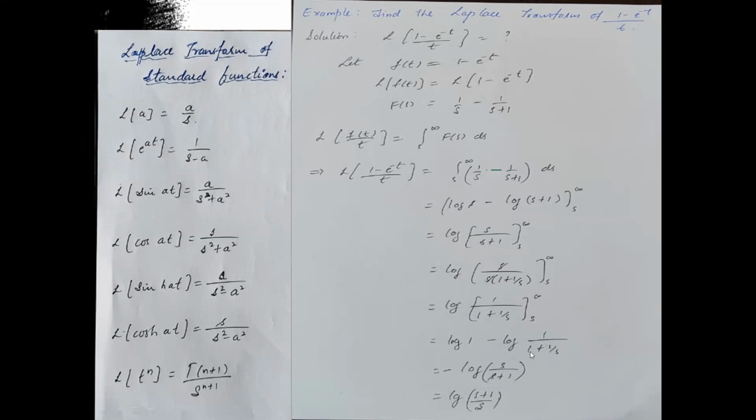Taking LCM here, it becomes s plus 1. s comes to the numerator. So it is s divided by s plus 1. Now minus sign is there outside. m log a will be written as log a raised to m. So that becomes s upon s plus 1 raised to minus 1. Then we need to take the reciprocal of this. So the answer is log of s plus 1 divided by s.